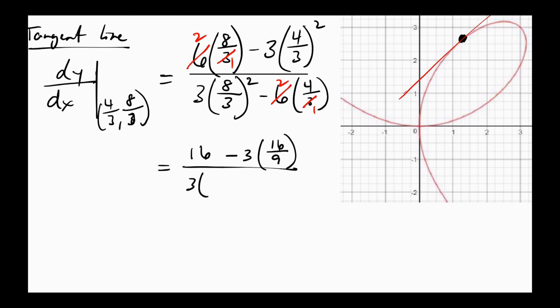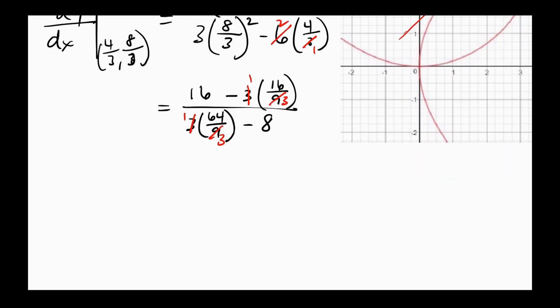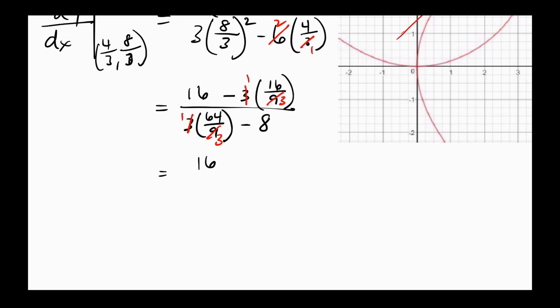And then we get 3 times 64 over 9 minus 8, because 2 times 4 over 1 is just 8. So now I can cancel out some of these guys. This becomes 1, this becomes 3, this becomes 1, this becomes 3. So I have 16 minus 16 over 3, 64 over 3 minus 8.